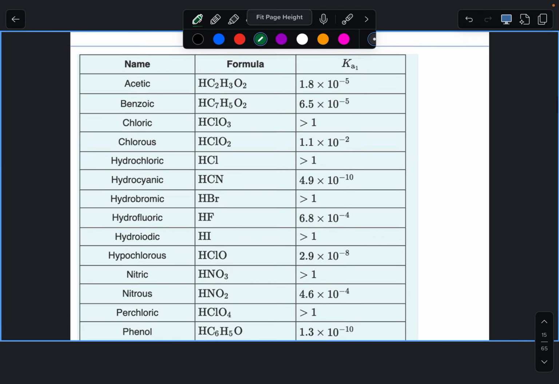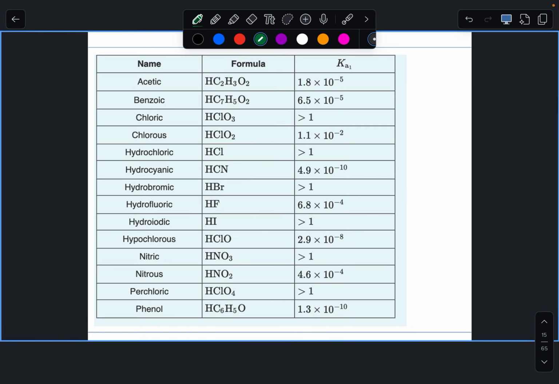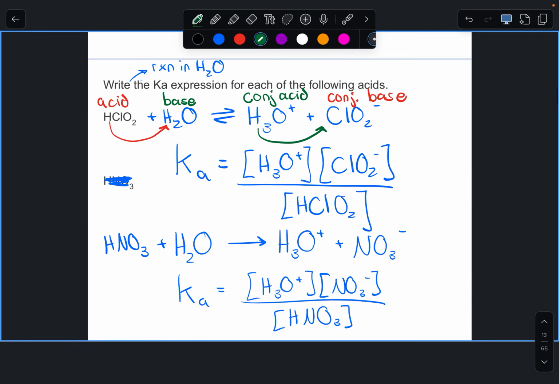You get tables where it gives you the formula of the acid and then it says the Ka. So it doesn't have to tell you the reaction because every single one of these is reacting with water, forming H3O plus and the conjugate base. Okay? So when it says Ka, it's not going to tell you the reaction. You just need to know what reaction that corresponds to, which is why we practiced by writing these ones.